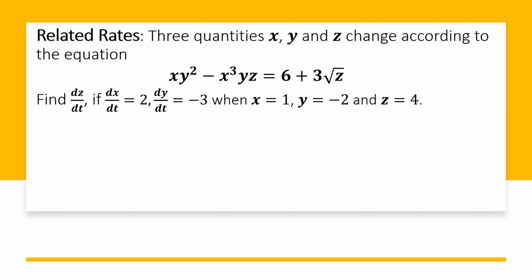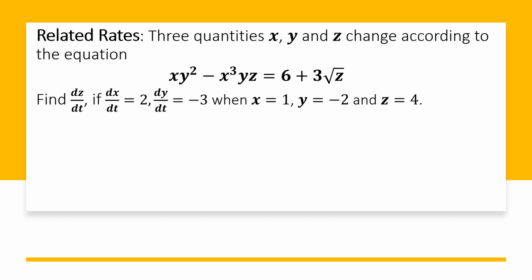So there are a few things here. You can see that there are three variables, and information is given for x and y. So you don't need to bring it to two variables, and you cannot, because there are three different variables. So what we do is we do implicit differentiation to find the derivative with respect to time.